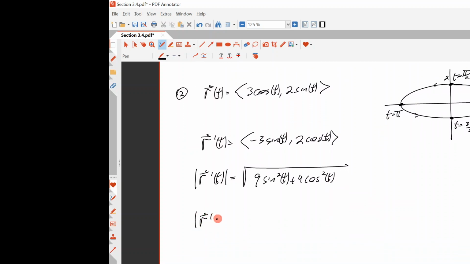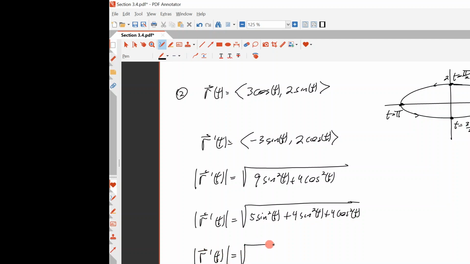Well, 9 sine squared gives me 5 sine squared plus 4 sine squared plus 4 cosine squared, which is just equal to 4. So 5 sine squared t plus 4.